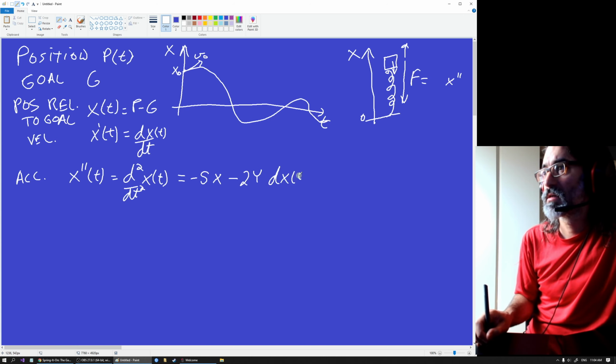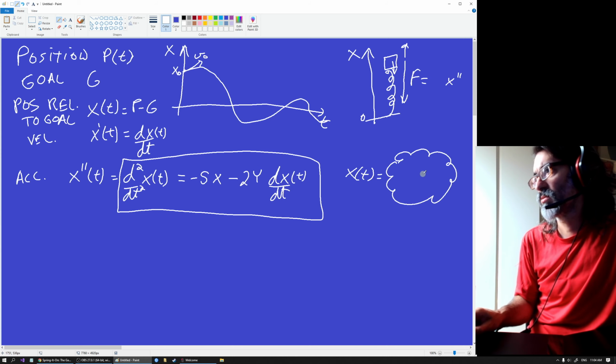Our goal is to find x of t equals some big expression with t's inside and some constants, and we also know the initial conditions: x at time 0 equals x0, and x prime at 0 equals v0. So that's our goal: let's find a function x of t.